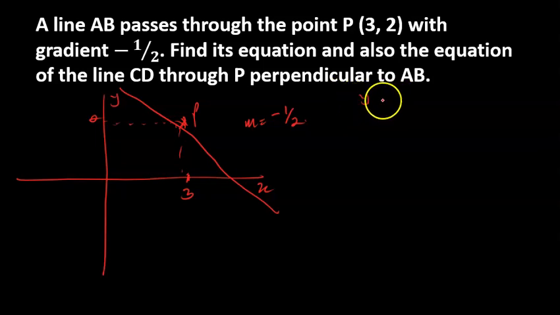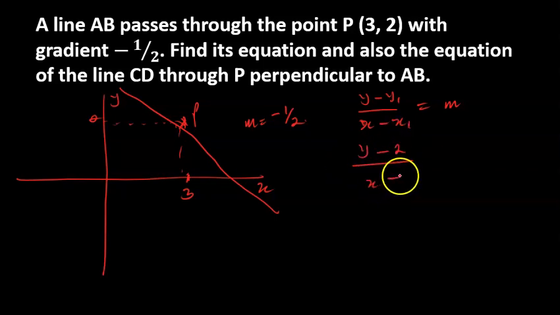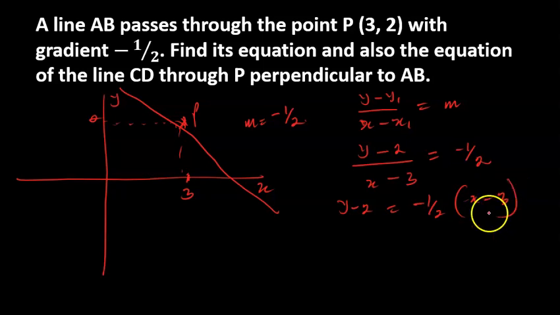I know that Y minus Y1 all over X minus X1 should be equal to M. So that's Y minus 2 over X minus 3 should be the same thing as M, which is -1/2. So Y minus 2 is equal to -1/2 into X minus 3. Y minus 2 should be the same thing as -1/2 X plus 3 over 2.